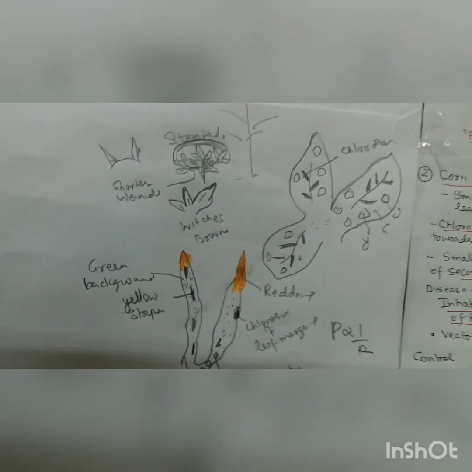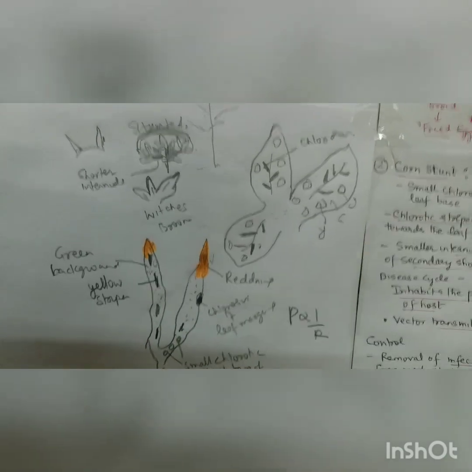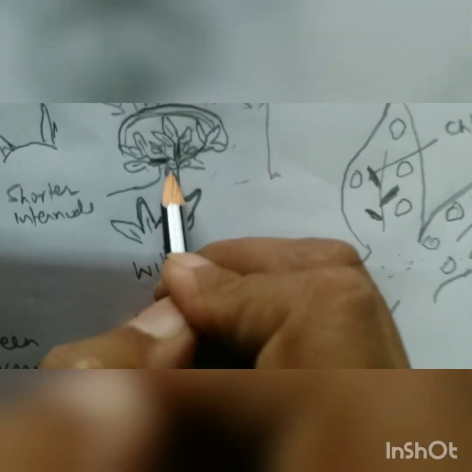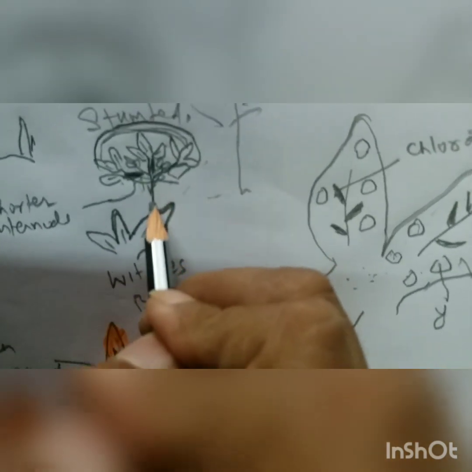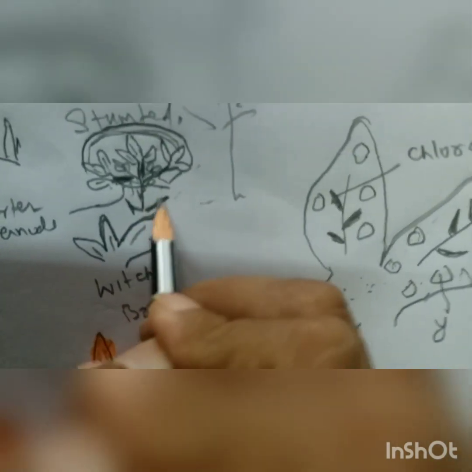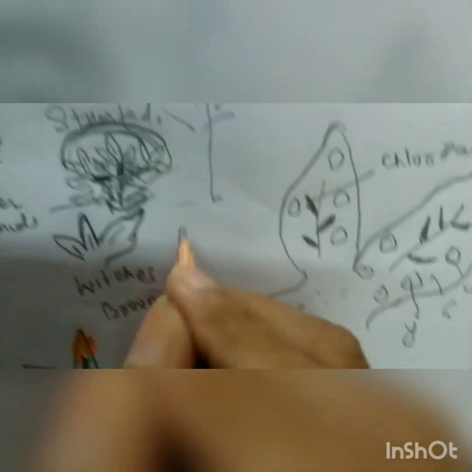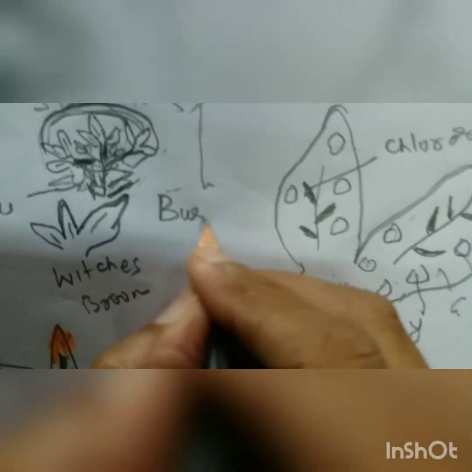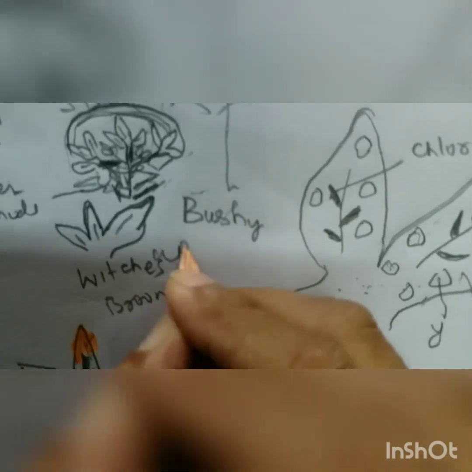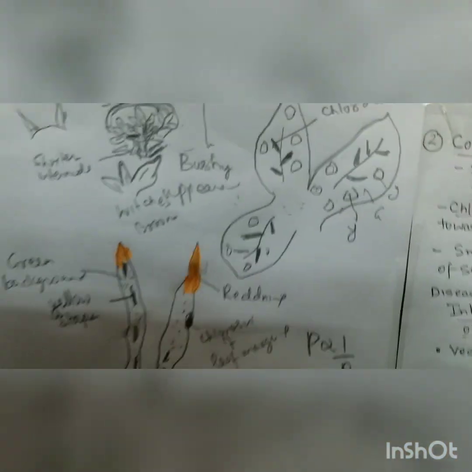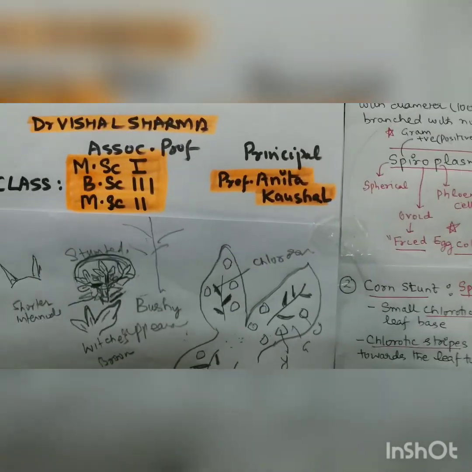The infected plants have shorter internodes, which I already told you, and they have a lot of secondary shoots, even from the base, and this gives rise to a bushy appearance, right? So this is the second disease we are doing.